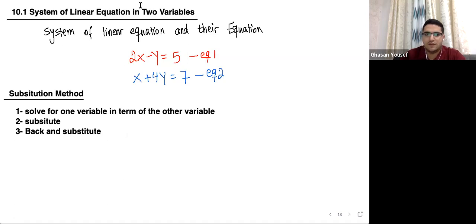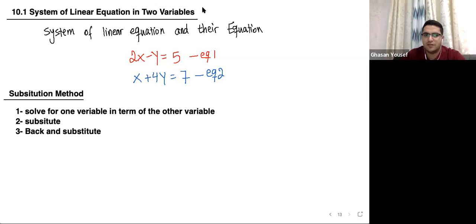Yes, Layla, correct. So I'm going to solve, for example, the system 2x minus y equal 5 and x plus 4y equal 7 by using the substitution method. First of all, we have to solve for one variable in terms of the other.